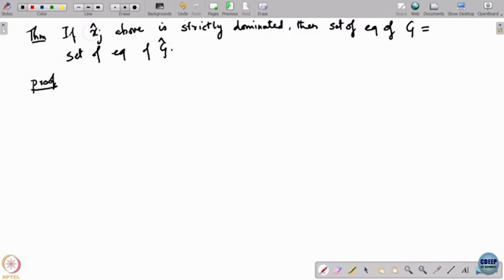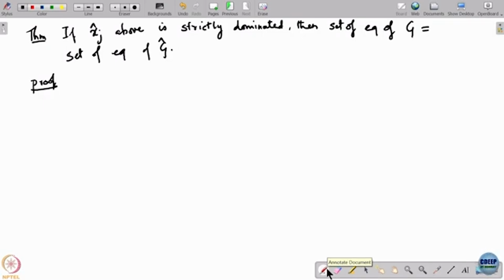This is the main result of this exercise: if you eliminate a strictly dominated strategy for any player, then the smaller game will have the same set of equilibria as the original game. So, no new equilibria are formed and no equilibria of the original game are lost in the process. Okay, so let us prove this.